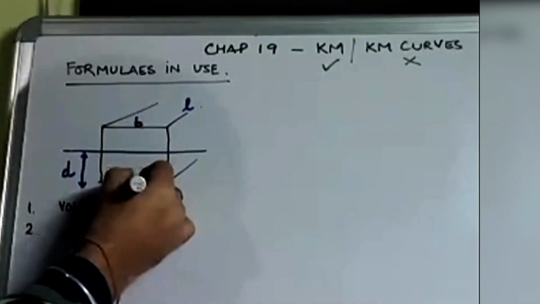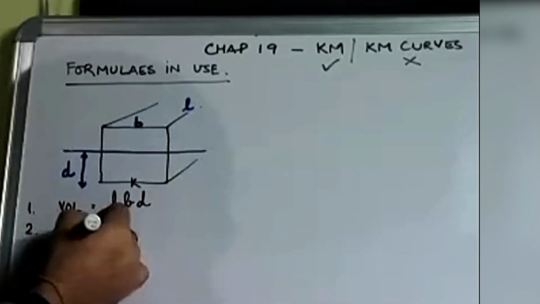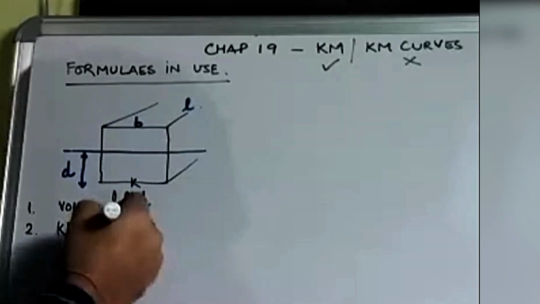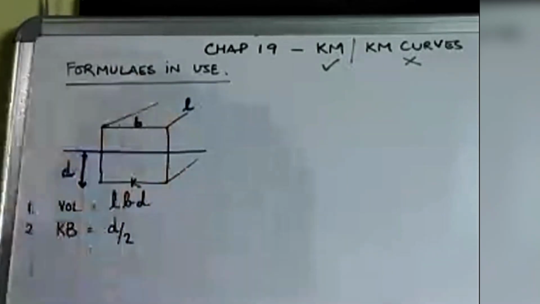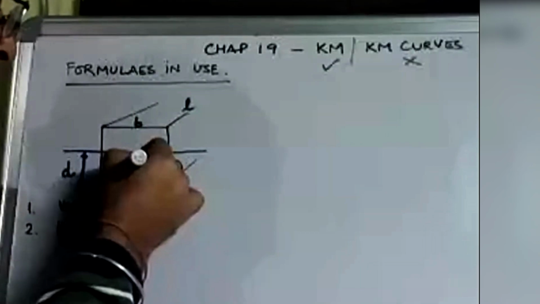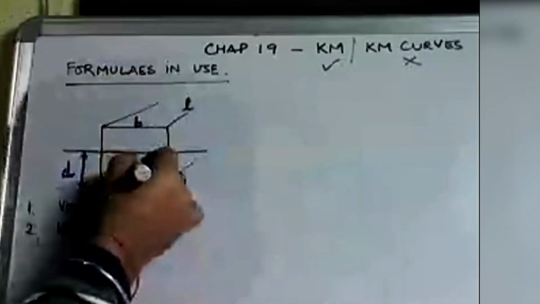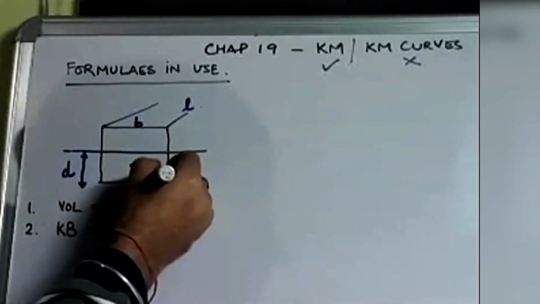If this be the keel, then can you tell me what will be the KB? D by 2, sir. So D by 2. Okay. So KB will be D by 2. So this is the center of buoyancy. This becomes the KB, and this is D by 2.